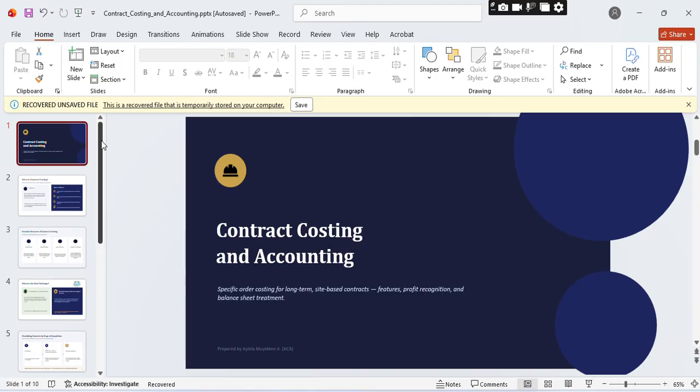That is, the contractor will move to the site where he is expected to execute the contract, and this has to be site-based, because it can involve the erection of buildings or infrastructures, and it is for a long period of time.